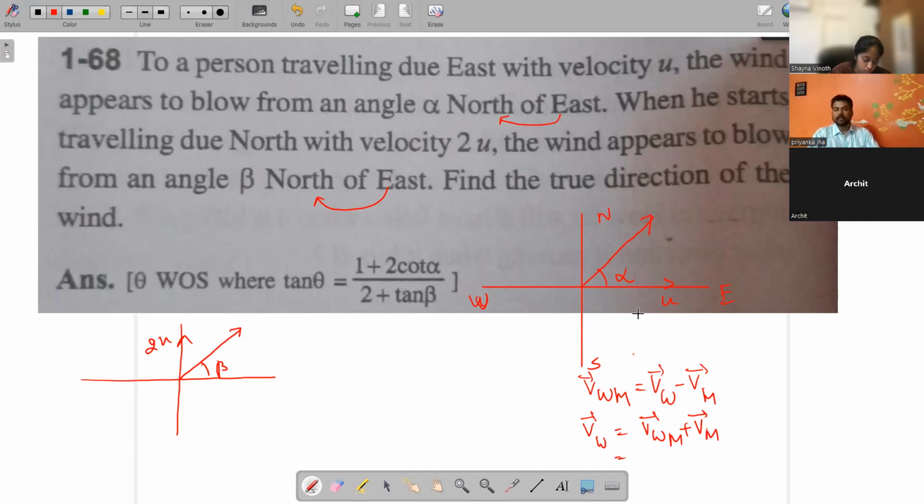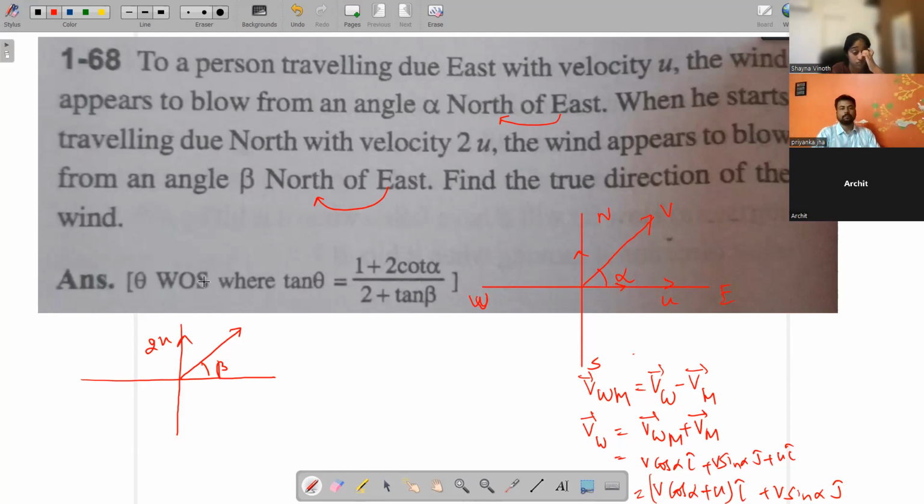With respect to man, velocity of wind is something, suppose v, given as v cos alpha i plus v sin alpha j, plus u i. So from here you get (v cos alpha plus u) i plus v sin alpha j. This is the velocity of wind with respect to ground.